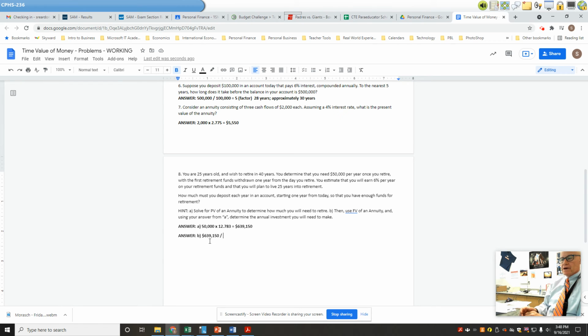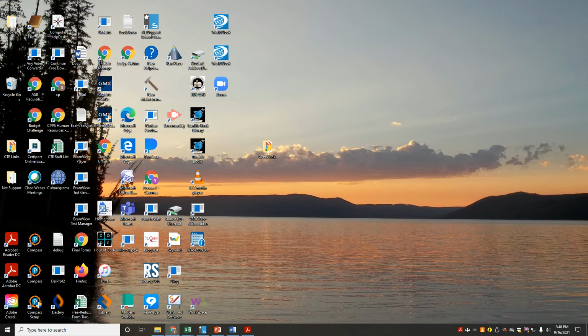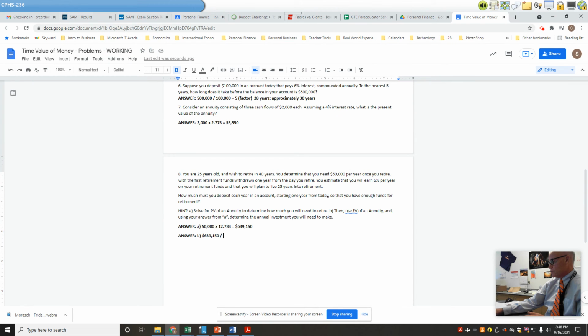It's a 6% rate, and I'm talking about future value now, future value of an annuity, 6%, and I wish to retire in 40 years. So it's the future value of an annuity at 6% for 40 years. How much do I need to put in each year to get to 639,150?